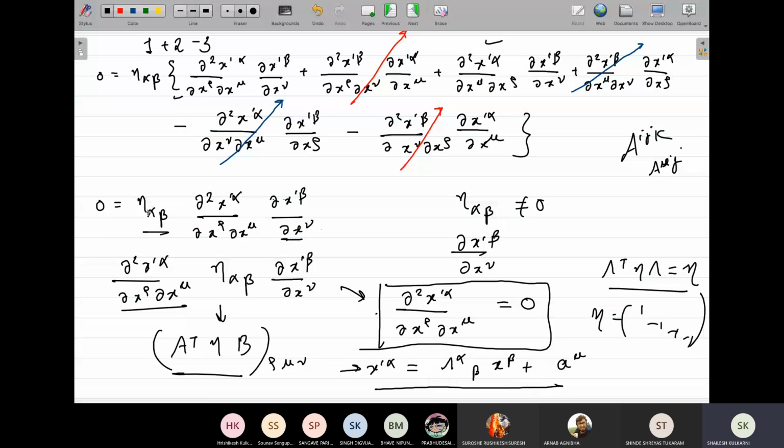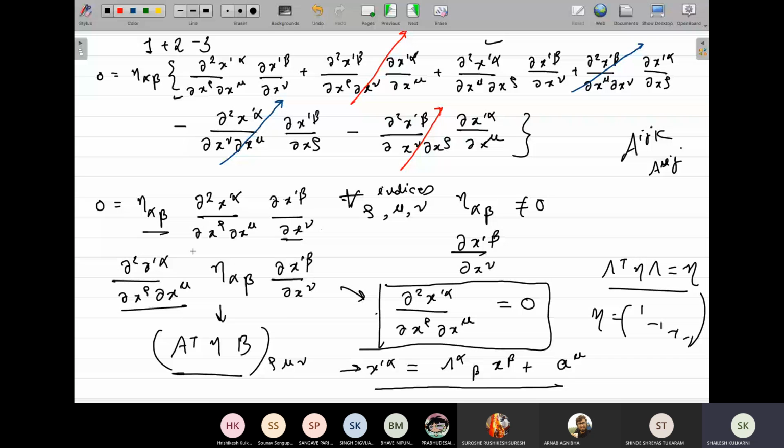Either all of them should be zero, or at least one of them is zero, or at least two of them are zero, right? All of them should not be zero, because this should hold for all indices. That means for all alpha, all beta; anyway alpha beta is summed over, so it should hold for all values of rho, mu and nu.